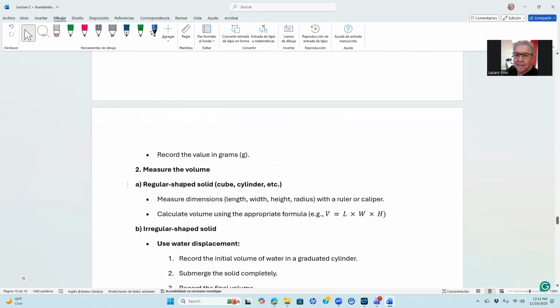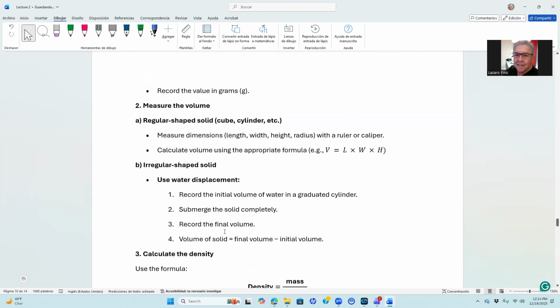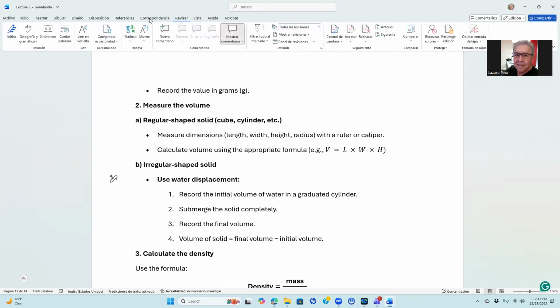If it is a regular shaped solid, like a cube, a cylinder, etc., you can measure the dimensions, length, width, height, radius, with a ruler or a caliper, and then you use the formula for the volume and you can calculate the volume. But if it is an irregular shaped solid, the best method is using water displacement. I will show you now what this method is. Use water displacement.